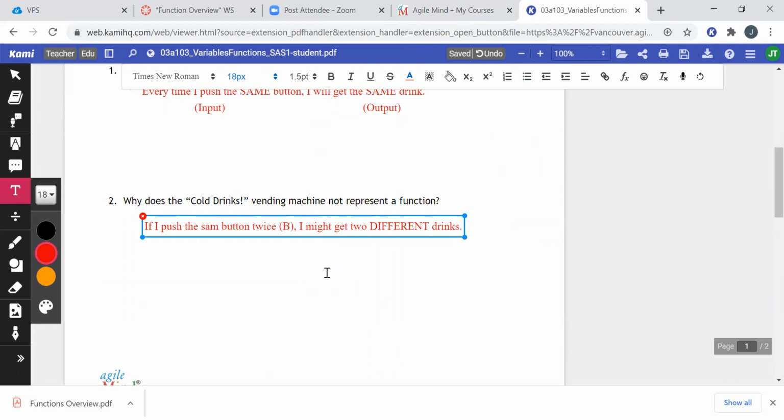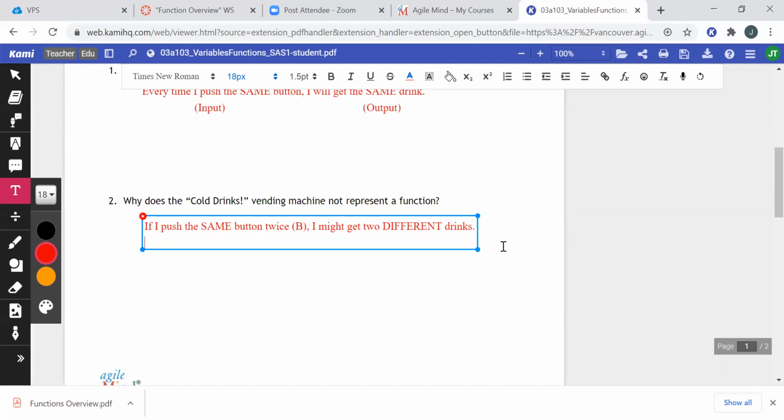I'm going to make the same capitalized. I know, but I'm just trying to make sure that you understand the way I would say it. Because what we're saying is when I push the same button twice, when I have the same input, I might get 2 different drinks.